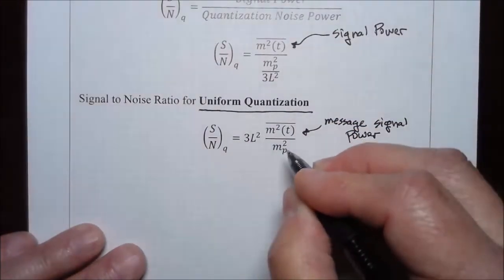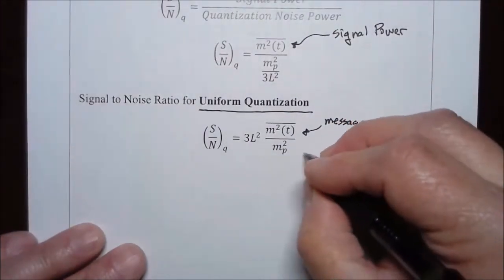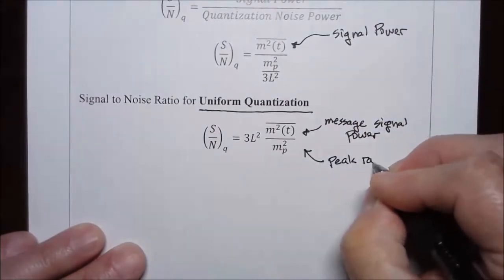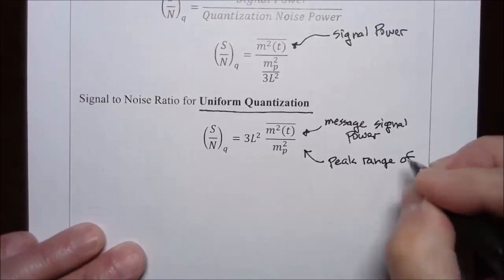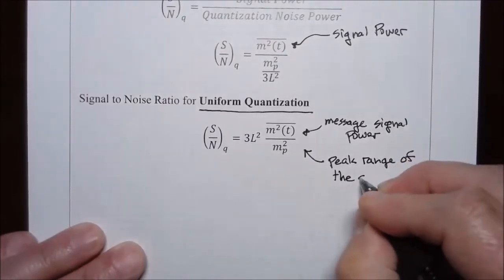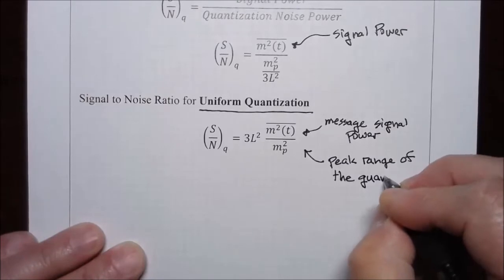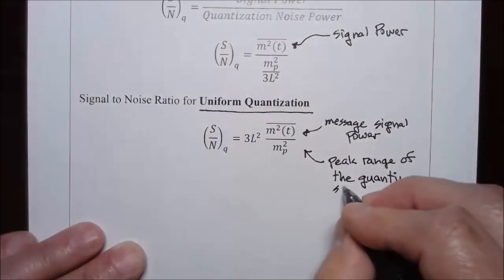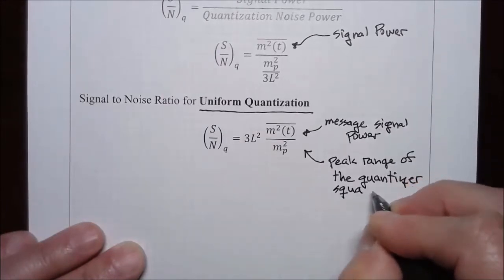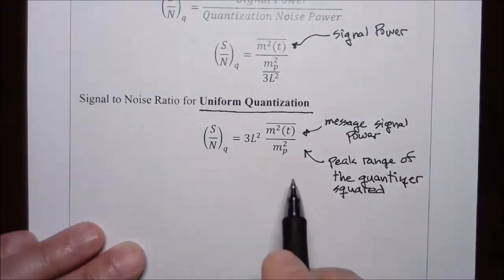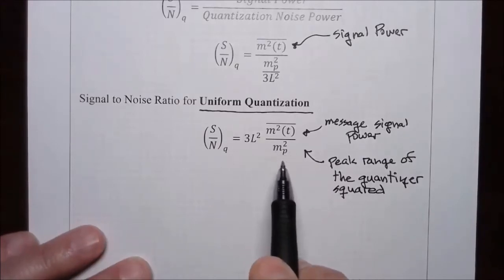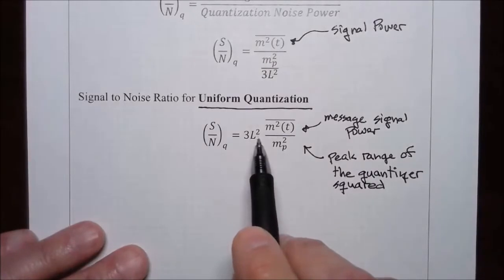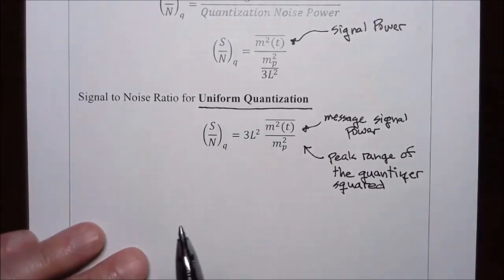That is divided by the peak range of the quantizer, and then we square that number, and that's in the denominator of the fraction. And then L is the number of levels that we use in our uniform quantizer.